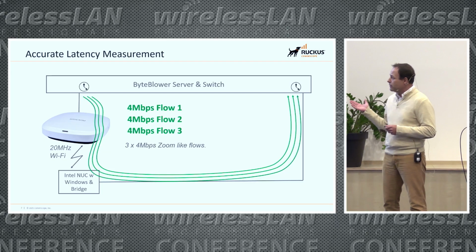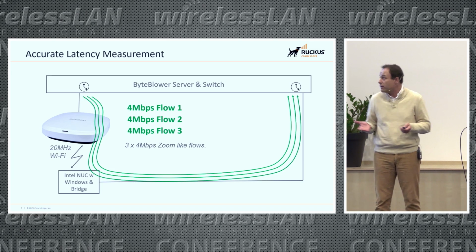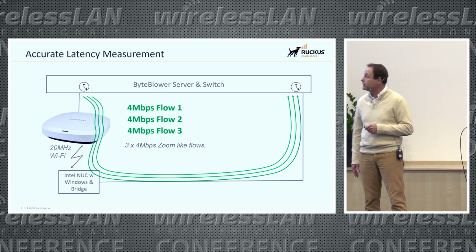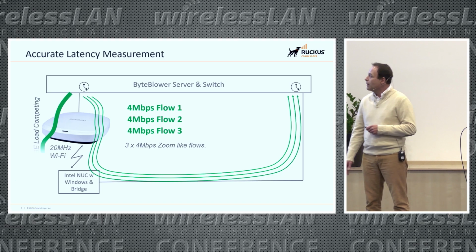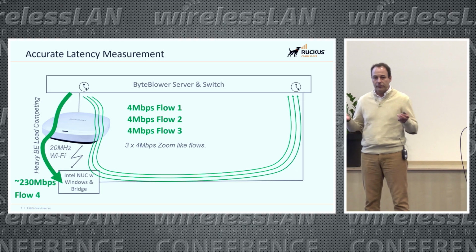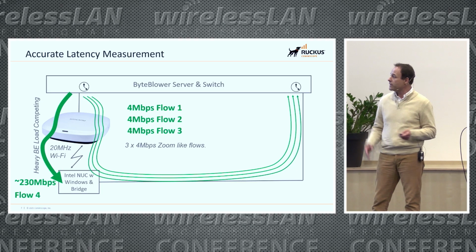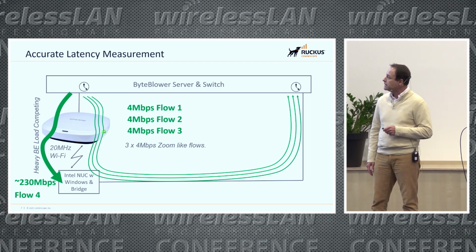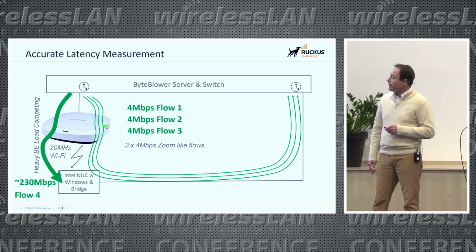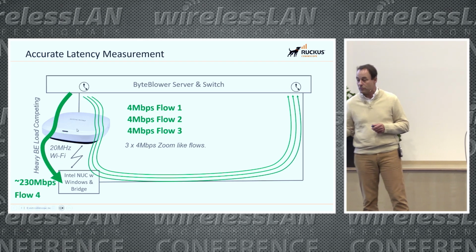So the latency measurement is really accurate. In this scenario, latency is going to be fine. There's no congestion in the access point, so latency will be low for the 3 flows. But in a real context, when the network is congested, we can simulate that with this bulk traffic downstream. This bulk traffic will have an impact on the 3 flows.